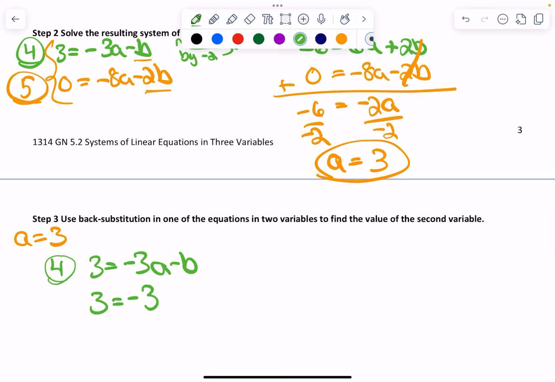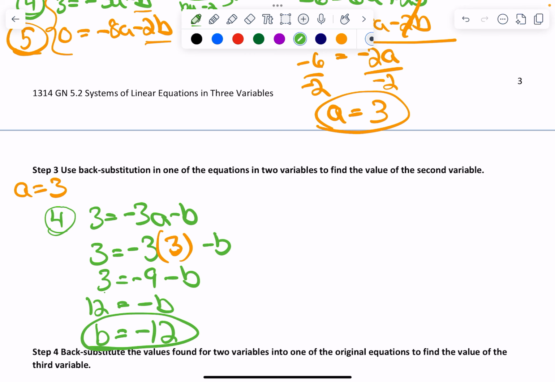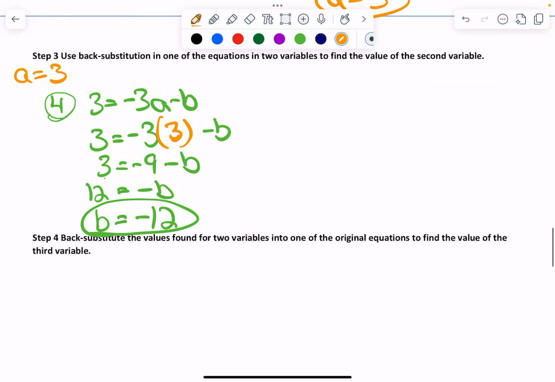So -3 times 3 minus b. So 3 equals -9 minus b. We add 9, so we get 12 equals negative b. We divide by -1, and we get b equals -12. Okay, we have a equals 3, and we have b equals -12.